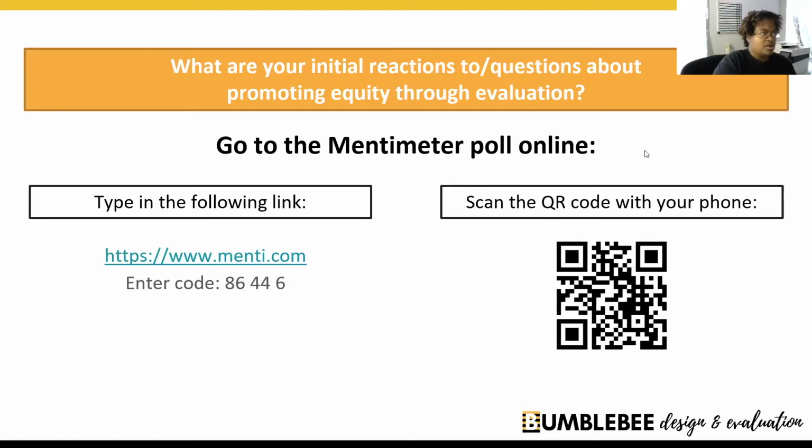So I want to pause and get some initial reactions. We are going to switch over to a Mentimeter poll. If you've never used that before, go to the website, type in www.menti.com and enter the code. Or if you would rather, you can scan the QR code on the screen with your photo app if you have a smartphone, and that will take you to the site.